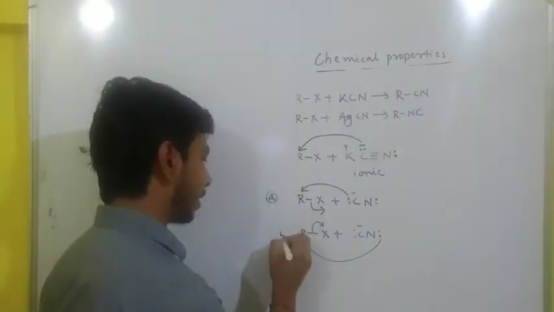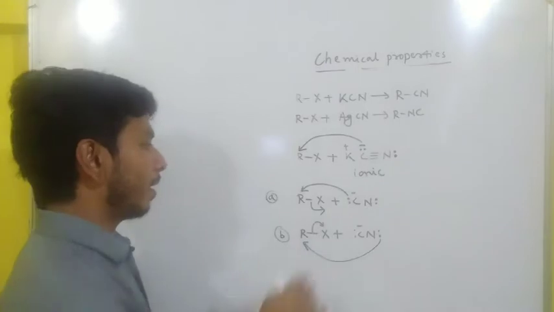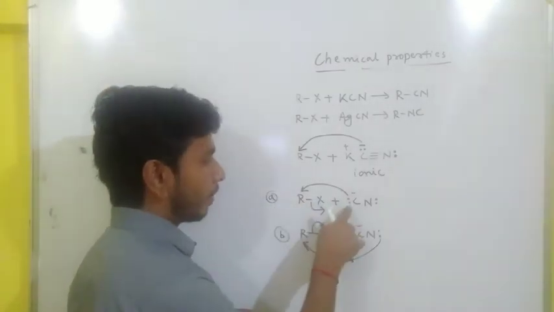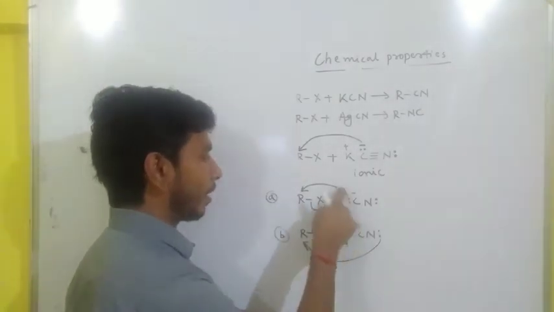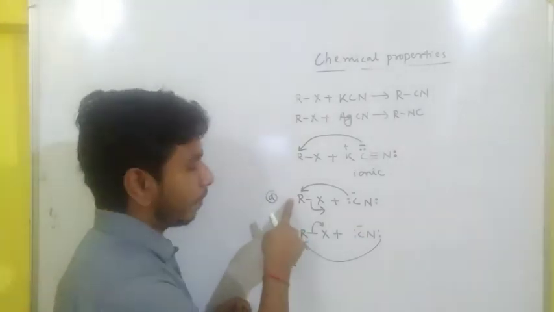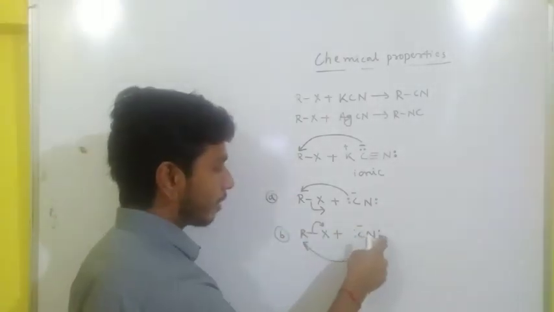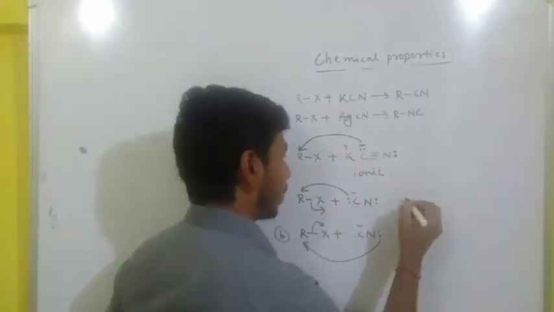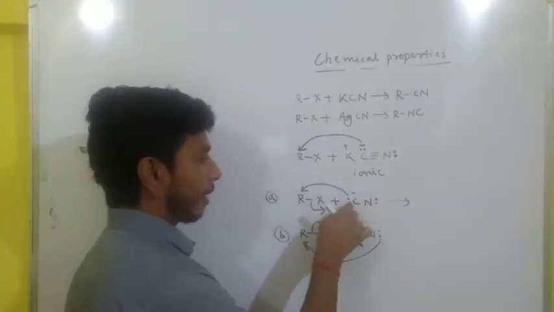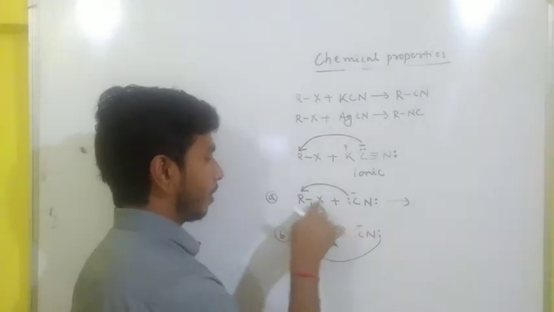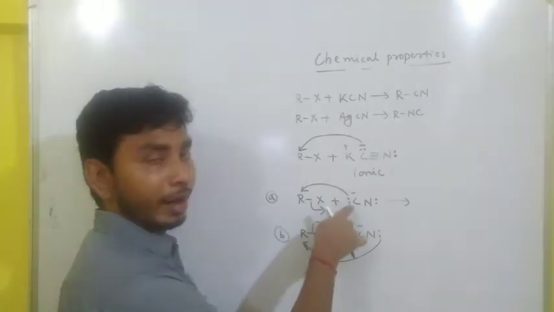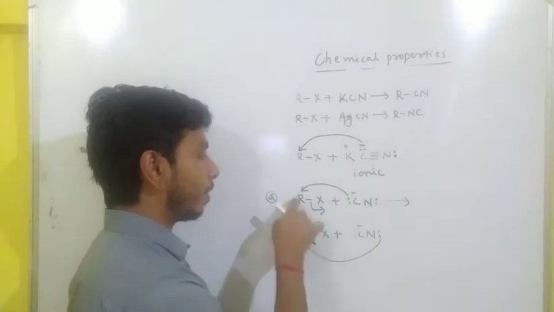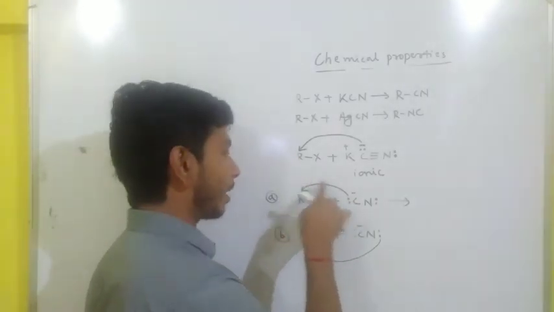Suppose this is A and this is B. In A, carbon with its electron pair attacks the alkyl group. The other possibility is that nitrogen with its electron pair attacks the alkyl group. So when the attack takes place through carbon, the bonding takes place between carbon and the alkyl group, that is RCN.